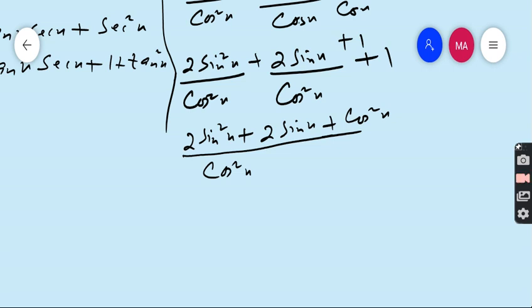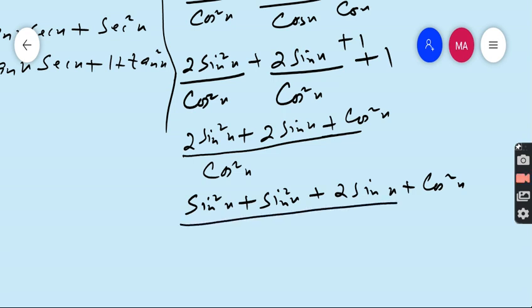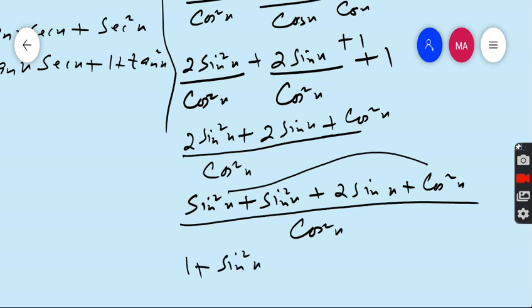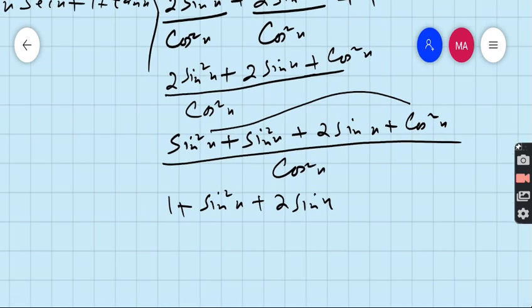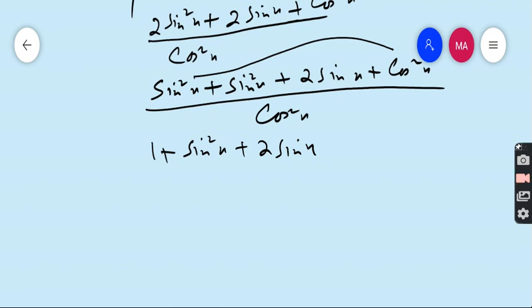This 2 sin square x can be written as sin square x plus sin square x, plus 2 sin x plus cos square x upon cos square x. You know sin square x plus cos square is 1, plus sin square x plus 2 sin x upon cos square x.